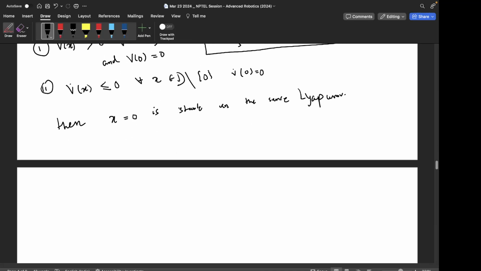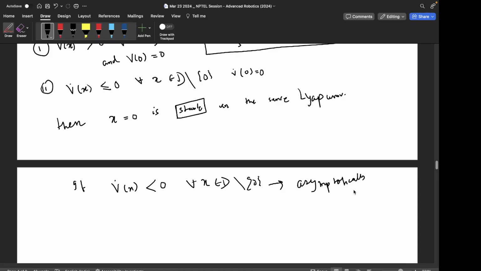With just this we can say stable, and if we impose a stricter condition on V dot(x), that V dot(x) is strictly less than 0, no equality, for all x belonging to D except 0, then it's asymptotically stable. Right?